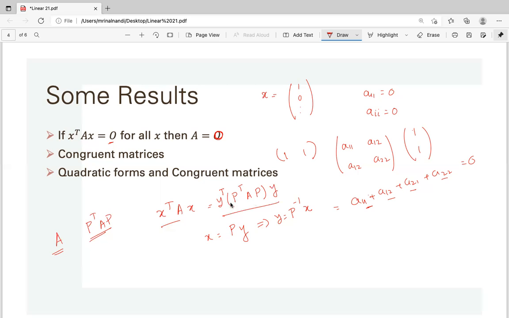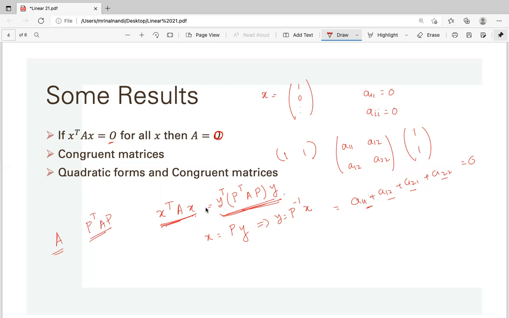That means for some y, you get this right hand side, and the corresponding x gives the same thing on the left hand side. So if this is positive for some y, then this is positive for the corresponding x. If it's positive for all y, then it is positive for all x.